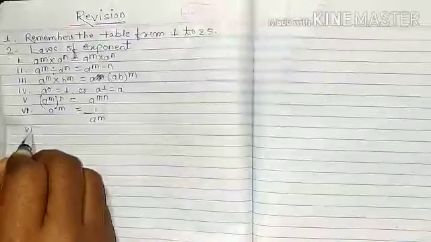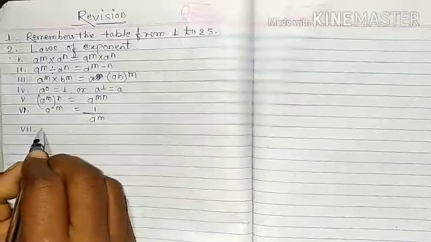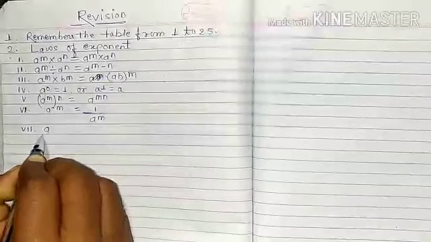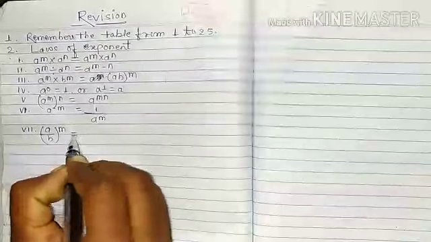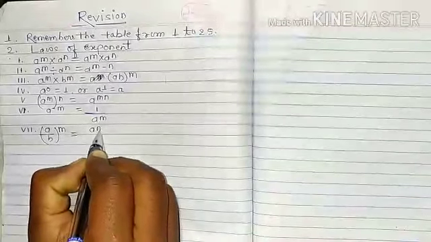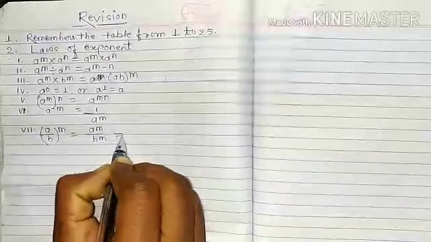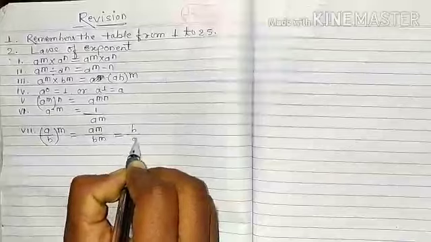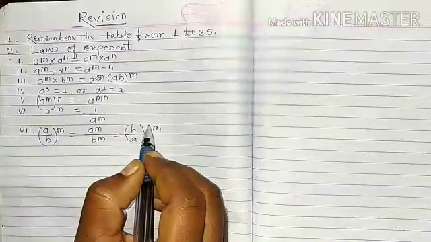Sixth, a raised to power minus m is equal to 1 upon a raised to power m. Seventh, a upon b whole raised to power m is equal to a raised to power m upon b raised to power m is equal to b upon a whole raised to power minus m.